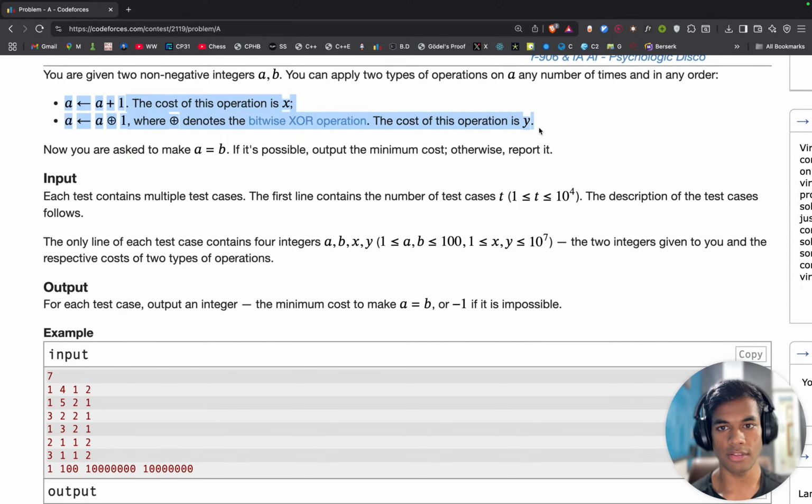And if a is greater than b, then it would only be solvable when a equals b plus 1 and a is odd, because adding 1 increases a, so we won't be able to decrease a with it, and the XOR operation only decreases a one time when a is odd. So if a is greater than b, the only case when a can become equal to b would be when b is even, a is odd, and a minus b is 1.